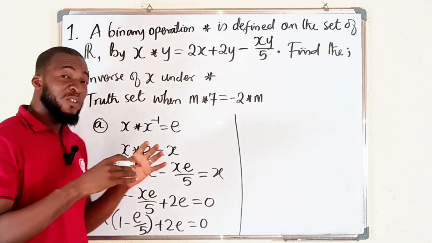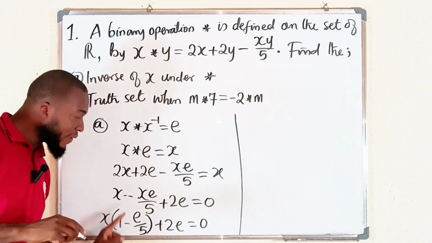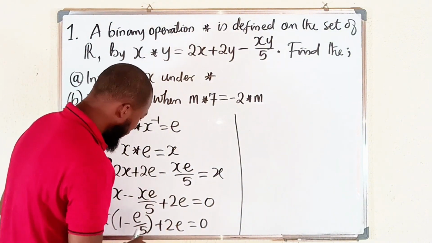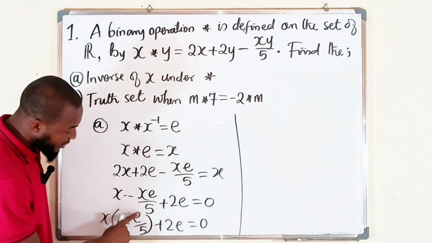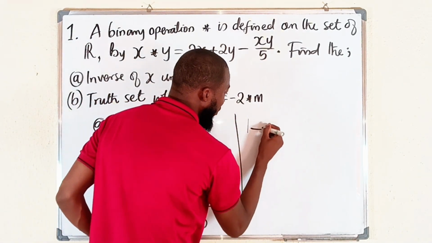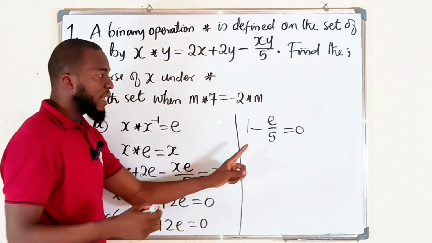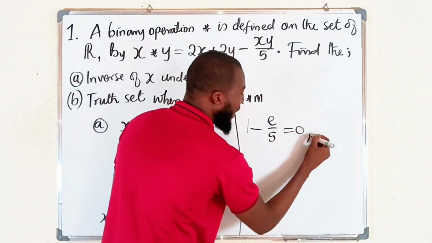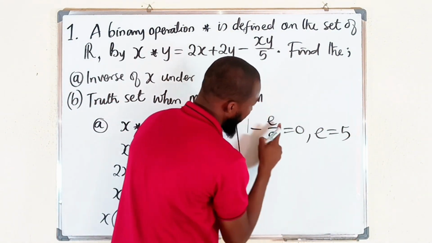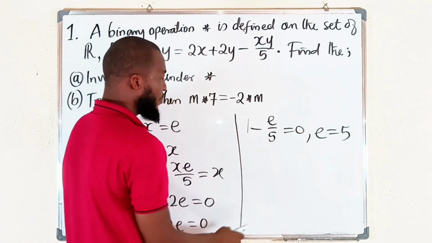So for this statement to be true, for every number you pick within the set, the coefficient of x must be 0. So what is the coefficient of x? You can see 1 minus e over 5 must be 0. And this can only be 0 if e is 5. Yeah, because 5 divided by 5 will make it 1, and 1 minus 1 is 0.